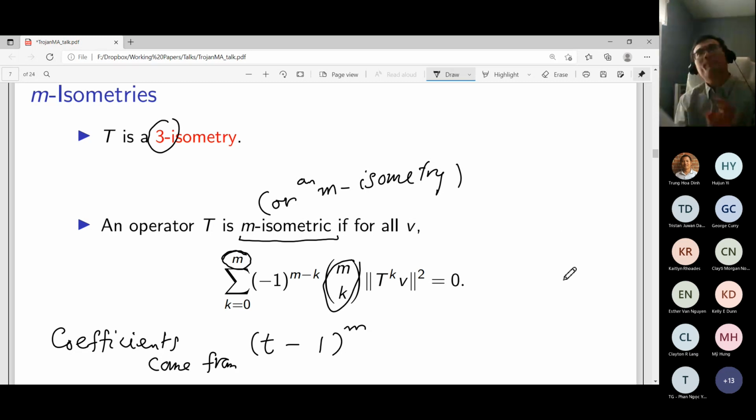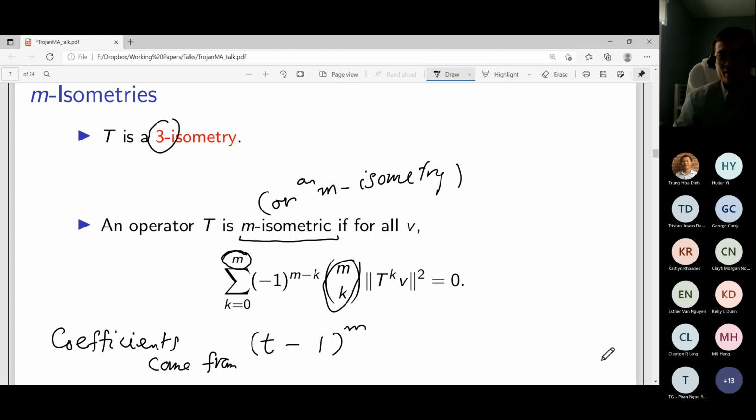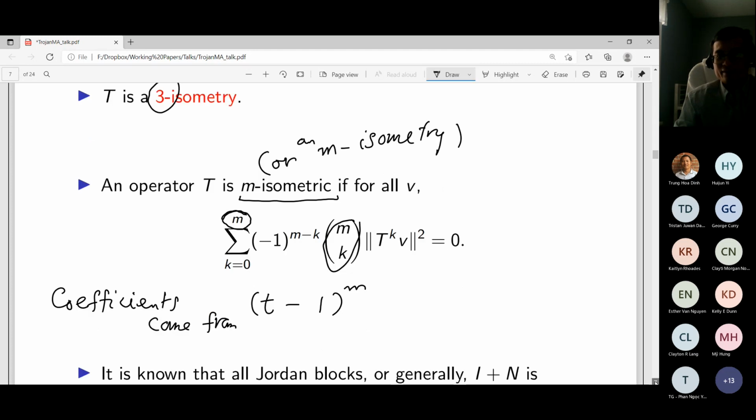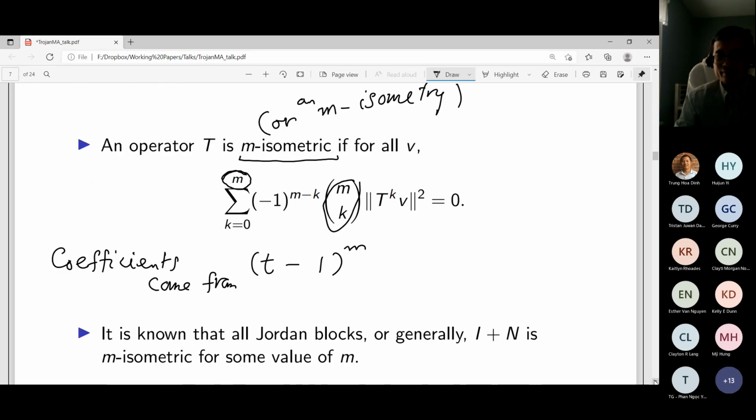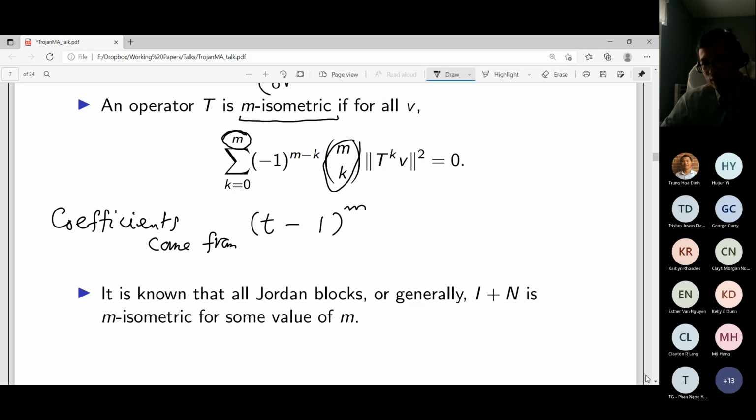So we see that our first Jordan block, the simplest Jordan block above, is a 3-isometry. It turns out that a similar thing happens to other Jordan blocks as well.